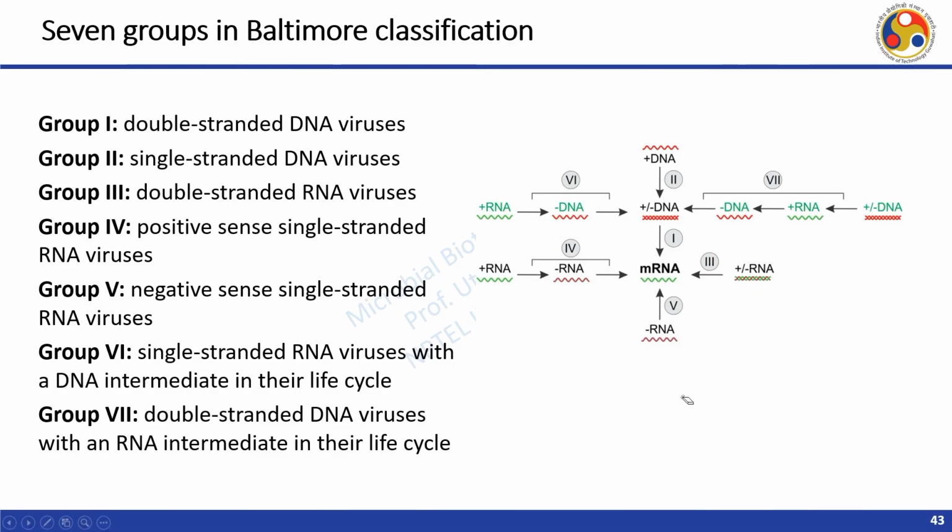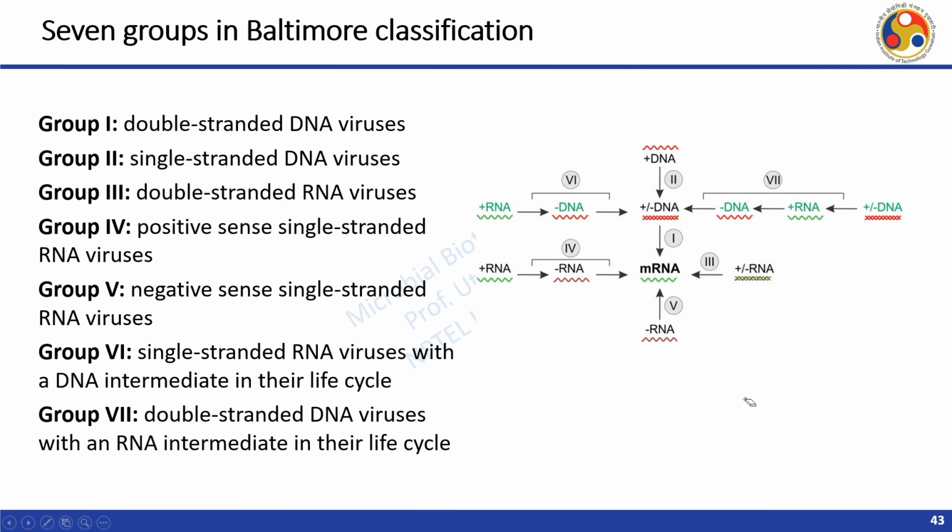Then group 4, positive sense single stranded RNA viruses, and then group 5, which is negative sense RNA viruses. Then group 6 is single stranded RNA viruses with a DNA intermediate in their life cycle. Then group 7, double stranded DNA viruses with an RNA intermediate in their life cycle.